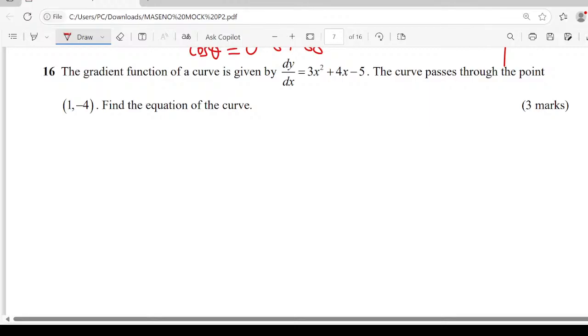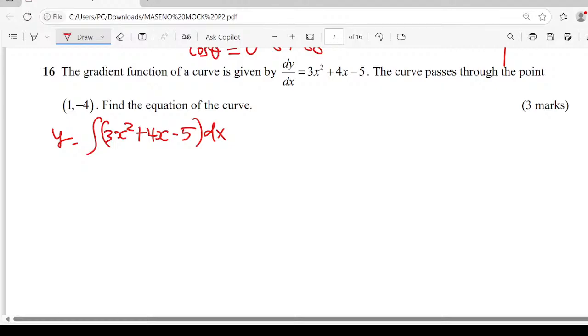When you are given the gradient function and you are told to find the equation of the curve, you simply integrate. So, to get our equation y, we simply need to integrate 3x squared plus 4x minus 5, with respect to dx.